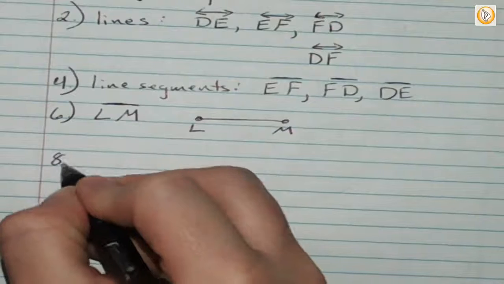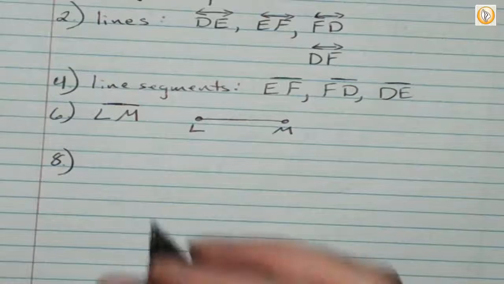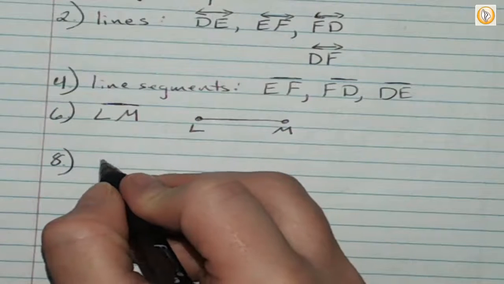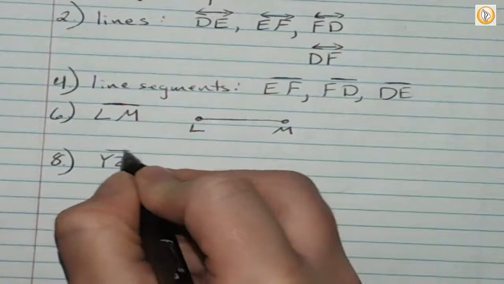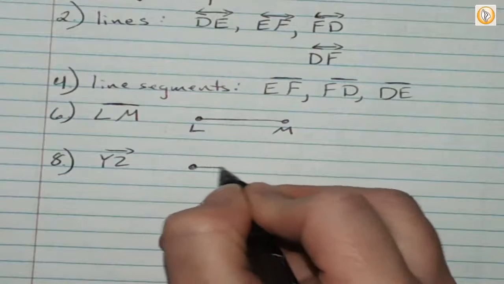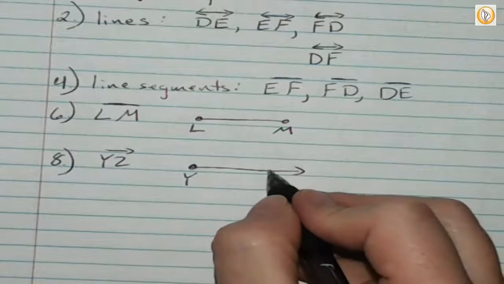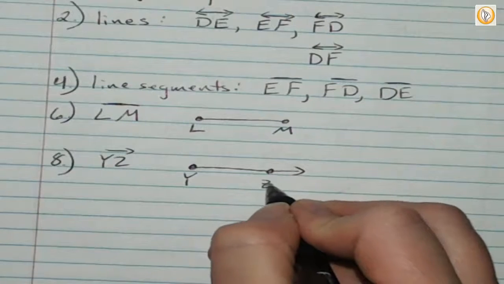All right, 8. This one, let's see. I haven't heard from Whit. What is this? Ray YZ, and so you're gonna put an endpoint and then an arrow, and then on the endpoint you're gonna put Y, and then draw the line and the arrow, and then you're gonna put Z. Very good.